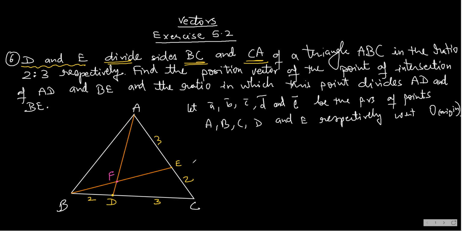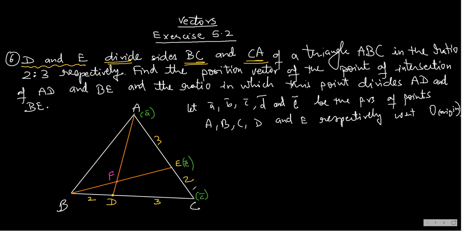Now, as you know, we don't have to show these position vectors beside the points, but beside this point A, I will write A bar. Here I write E bar, and this is C bar.